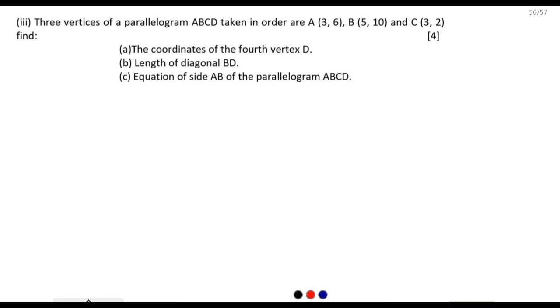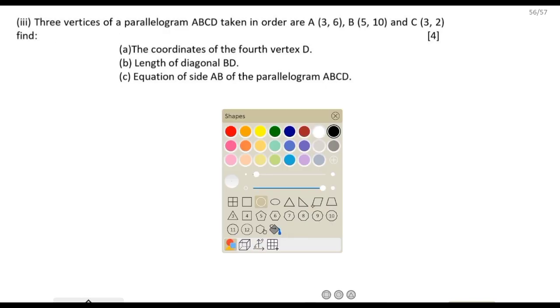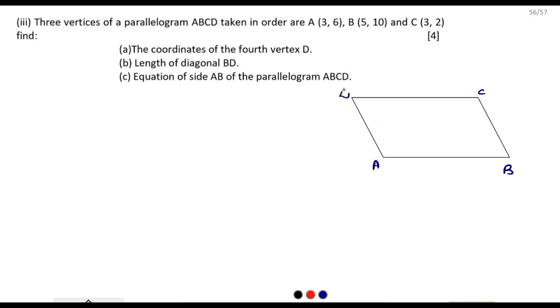Third part of this question and last question of this sample paper. Three vertices of a parallelogram ABCD are 3, 6, 5, 10, 3, 2.